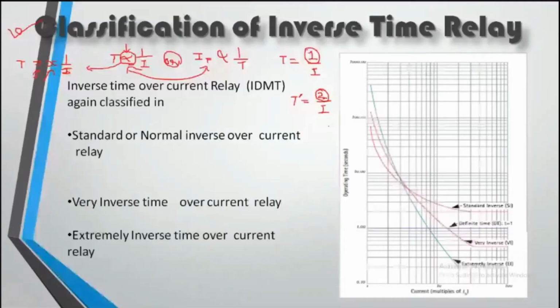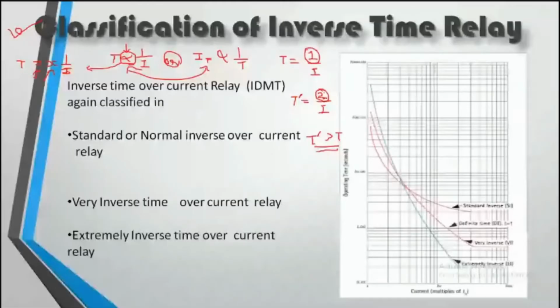According to our observation, here we have 1 divided by I, and here 2 divided by I. Of course, we can write that T dash is greater than T, right?